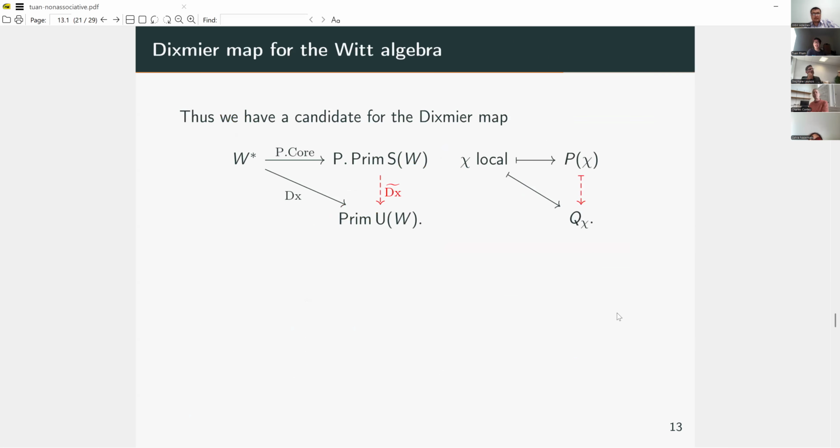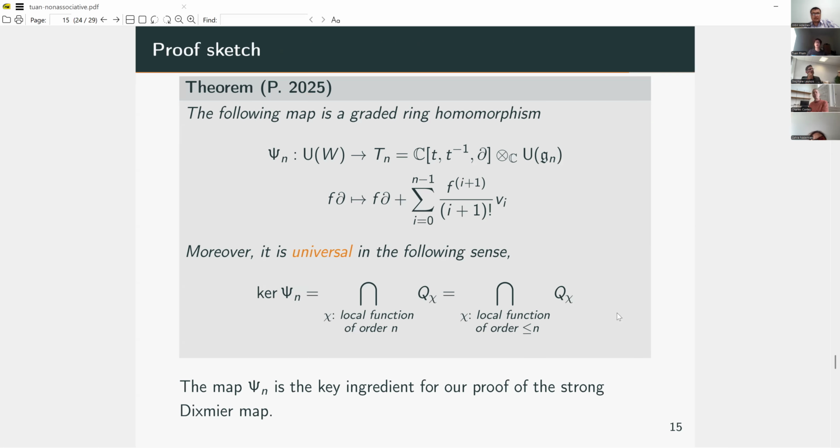And then at the end, we managed to prove that it is indeed a graded ring homomorphism, but a more conceptual way, unfortunately, I don't know. So there is indeed sort of an infinite version of this map.